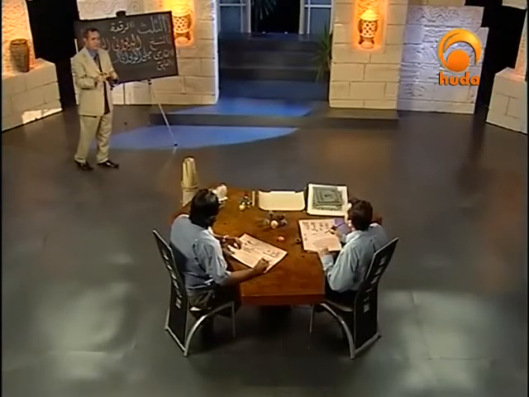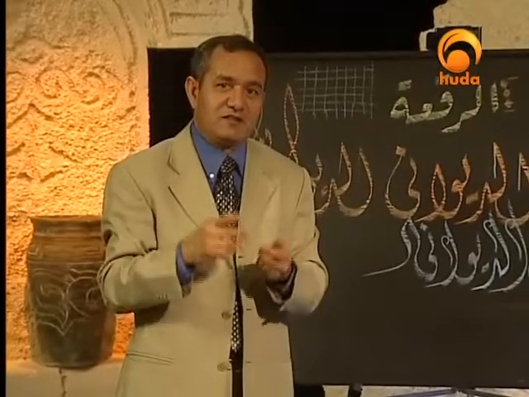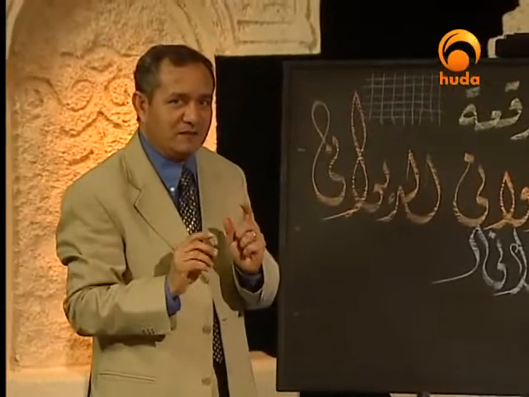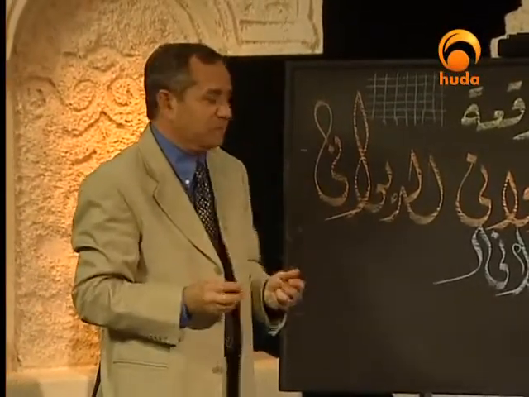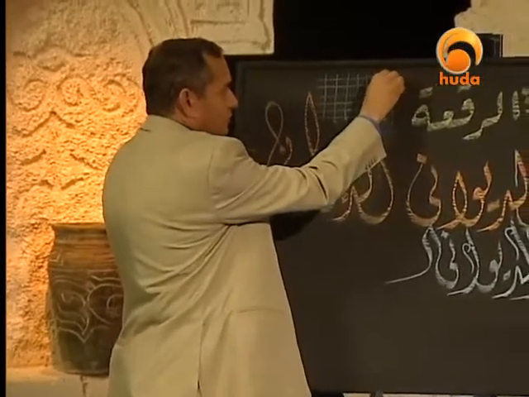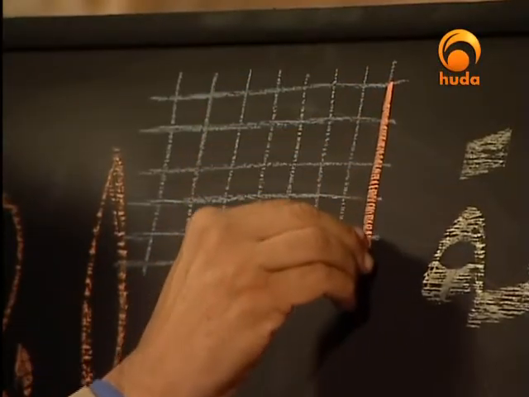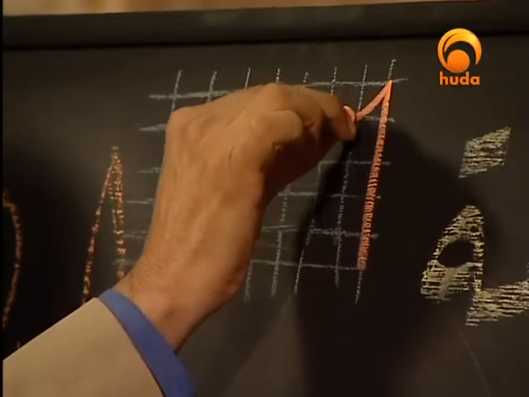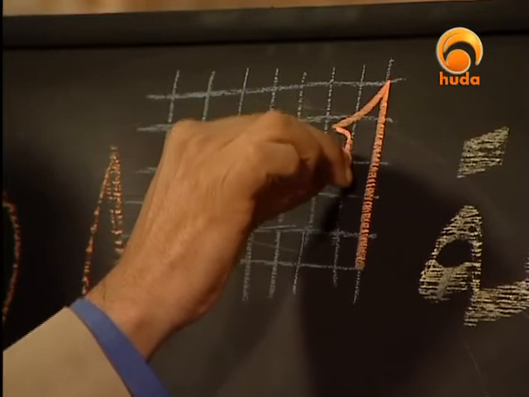So all of us, ladies and gentlemen, we can use the Kufi style as a very simple style, and we can start already with this one using graph paper and a simple pen or pencil like this one. Alif, we have to follow the line straight and some simple curve like this.